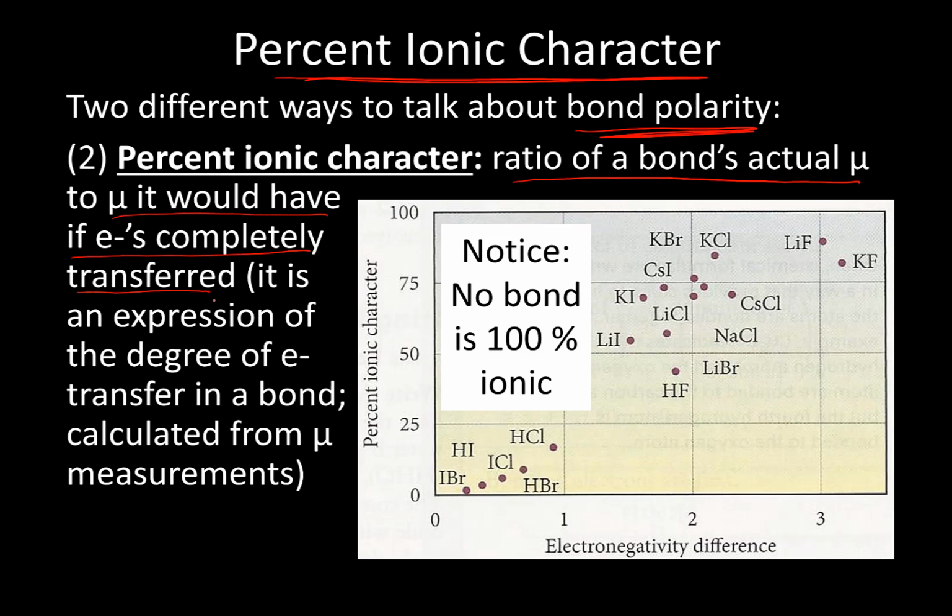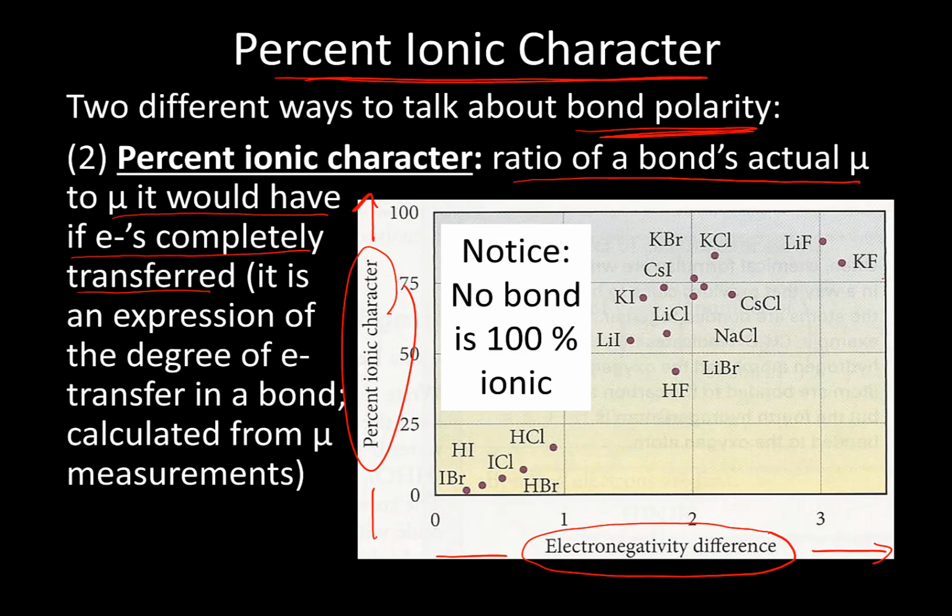So you can see how that can lead to percent ionic character. The higher the percentage, the more ionic the bond. You do not need to know how to calculate this. You just need to know how it's correlated with electronegativity difference. So look here, as electronegativity difference goes up, the percent ionic character also goes up.